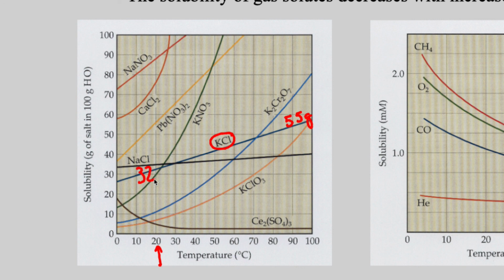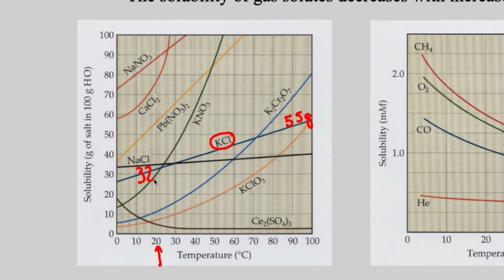So if we were to do this, 55 grams at 90 degrees, let it cool down to 20, what would we see happen in the beaker? Maddie is suggesting salt crystals. How much salt crystals? Maybe 23 grams of salt crystals.